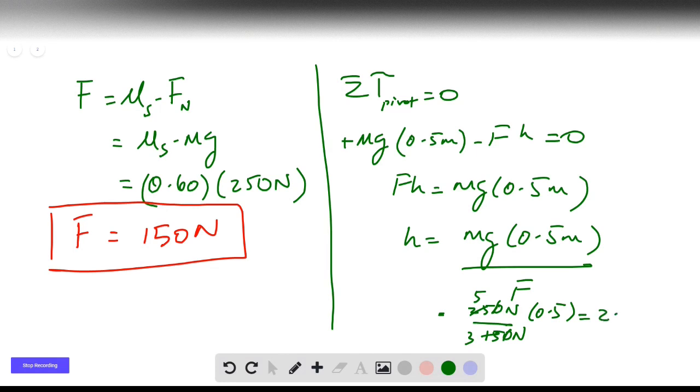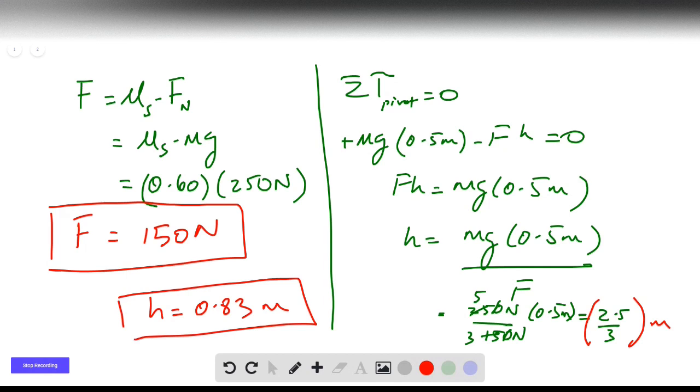So we have 2.5 over 3, in meters. And when we divide those two numbers, 2.5 divided by 3, we get 0.83. So the maximum height before it flips, h, becomes 0.83. Just remember this one also is in meters, so 0.83 meters.